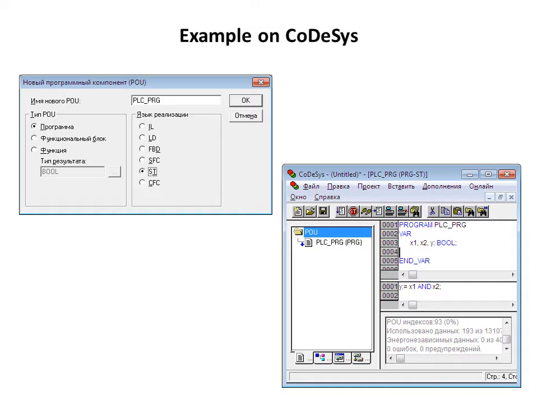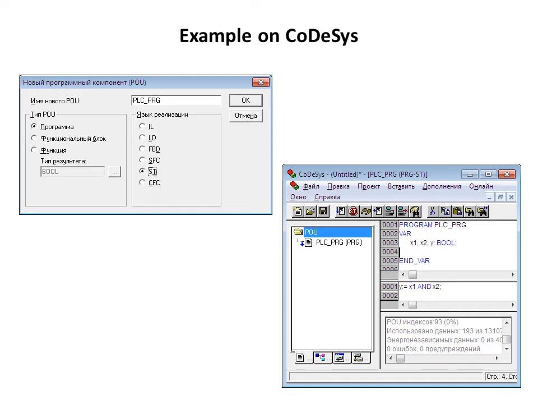So in this lecture we learned the basic rules and conditions of programming in the ST language.